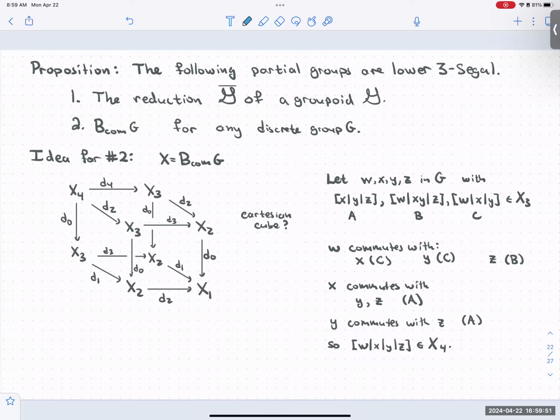So I don't know too much about the Gálvez paper. And yeah, so I don't necessarily know what this means.